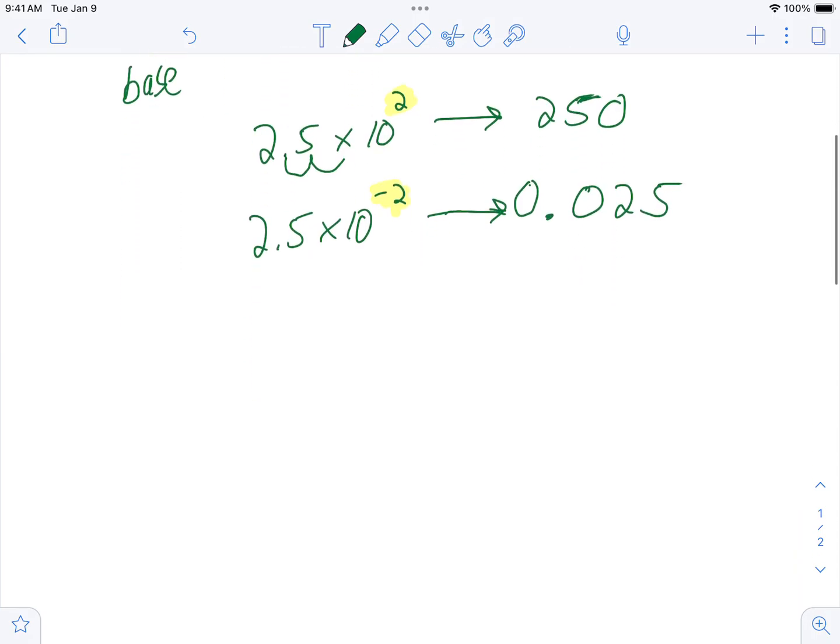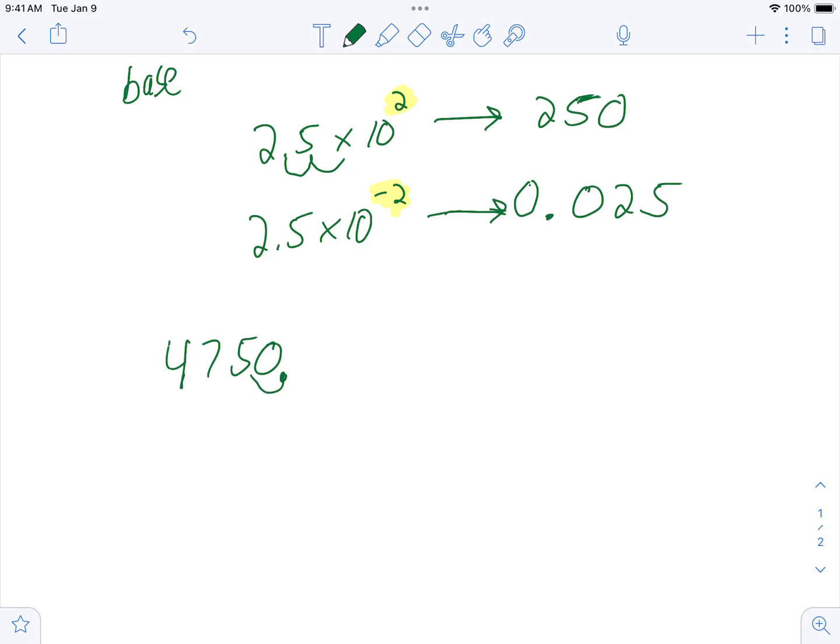If we already have an expanded number and we want it into scientific notation, for example, 4,750, you put your pencil on the decimal point. Right now, the decimal point would be after the 0, and you want to move the decimal point so it's between a number 1 and 10. You only want one digit to the left of the decimal point.